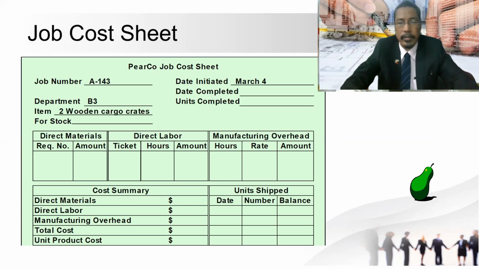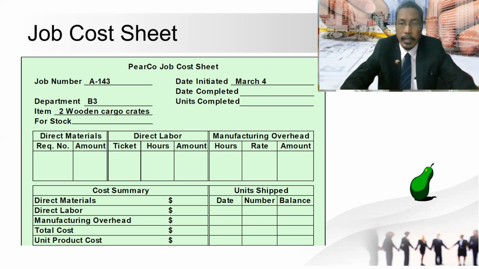Units completed, how many units are made, and the department, for example a temporary name of the department. It could be anything just to distinguish it from others. Items: 2 wooden cargo crates, for stock.